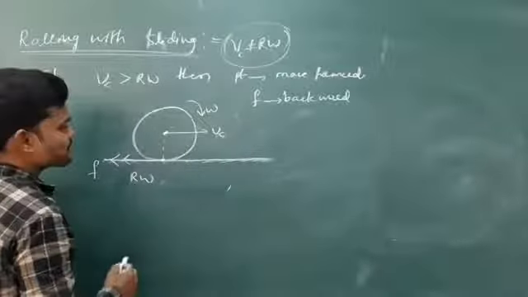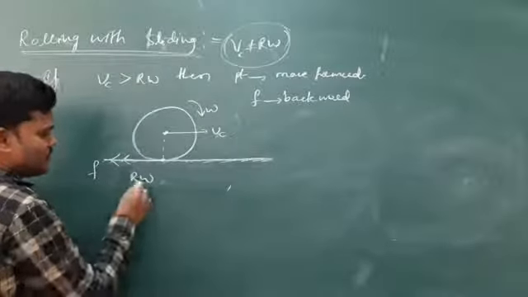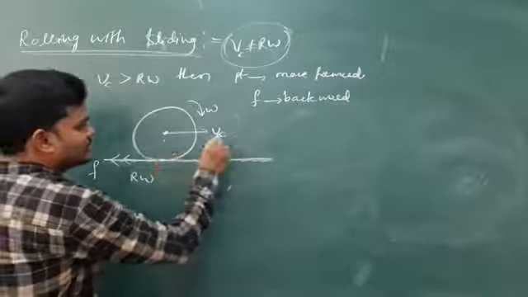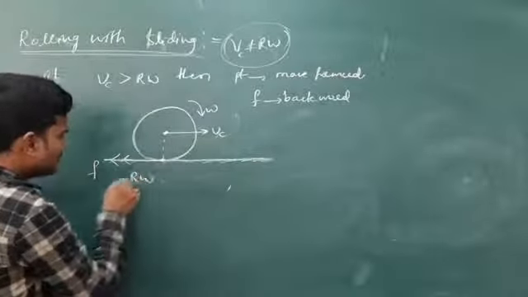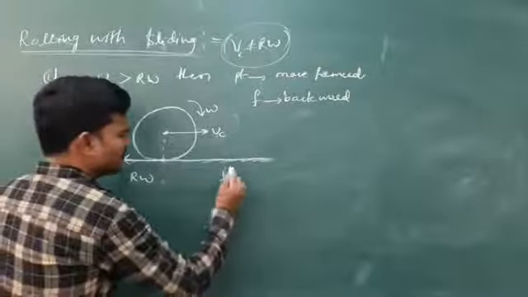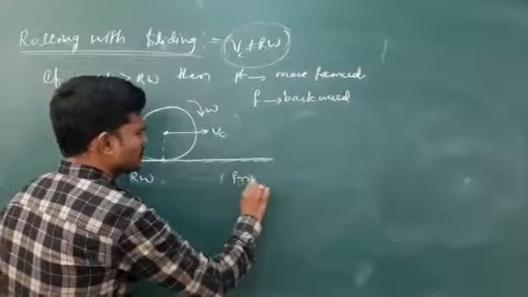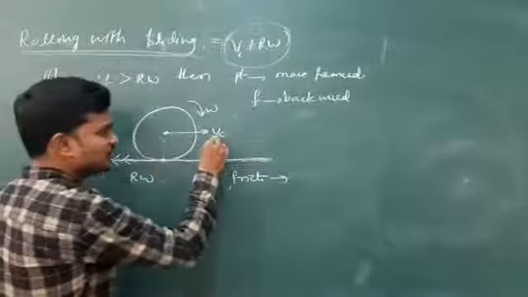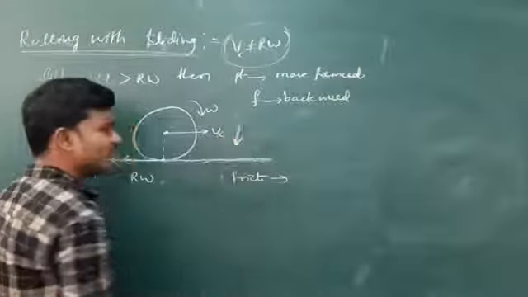Okay. Here, due to this r omega and frictional force, which opposes the motion, the linear speed of the body decreases.